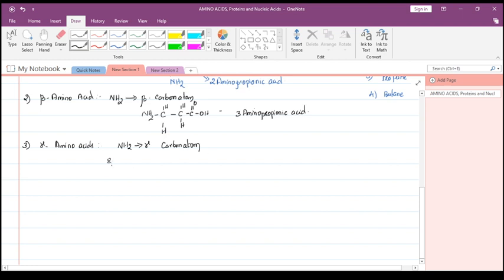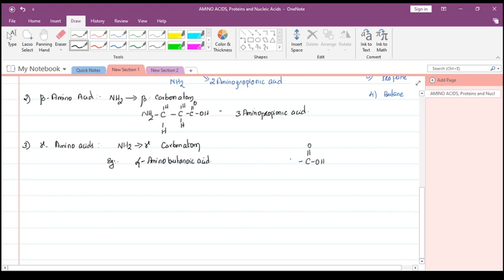See, you should know how to write chemical formulas. 4-aminobutanoic acid. The name itself says butane, that means it has 4 carbons. C double bond O, OH.